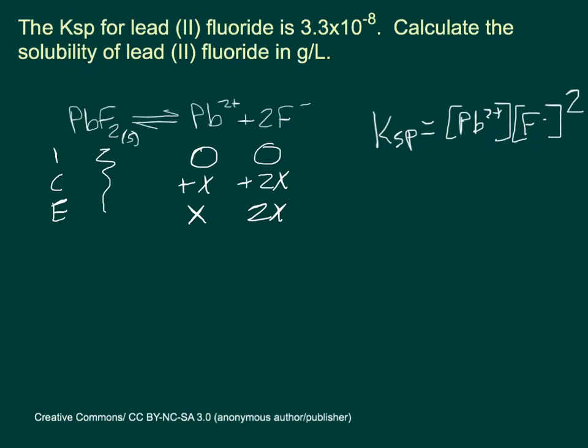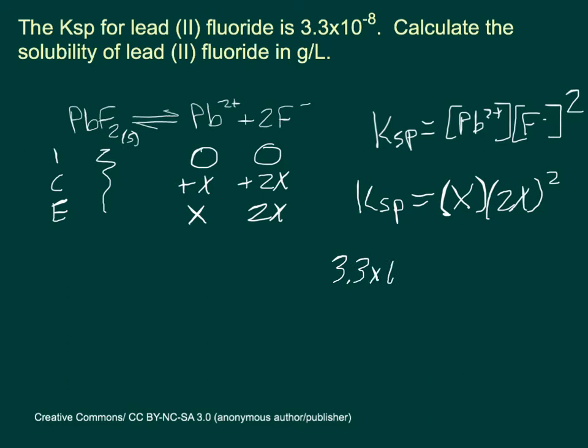Alright, so now I've got this all set up. Now I can sub these in for my KSP. Say that my KSP is going to be equal to x times 2x squared. So that means that 3.3 times 10 to the negative 8th is equal to x times 4x squared, so 4x cubed.